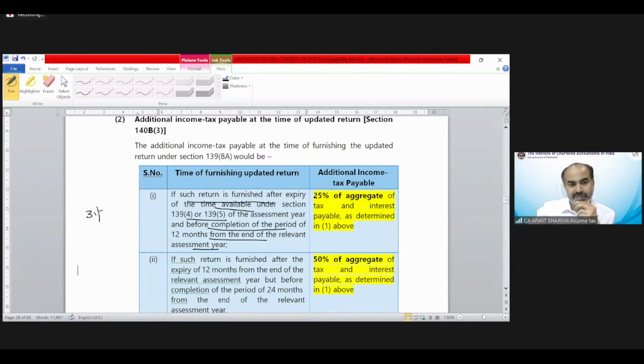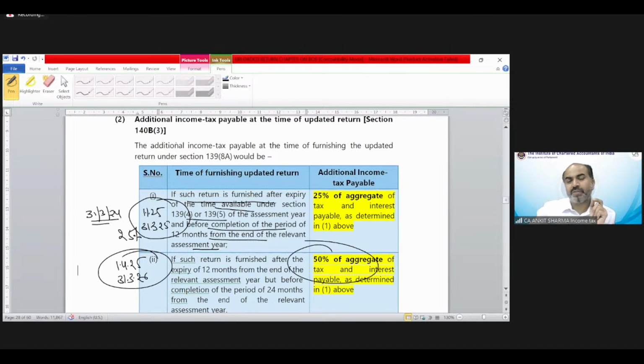So if the assessment year ends 31st March 24, and the return is filed from 1st January 25 till 31st March 25, the additional tax liability would be 25%. And if that updated return is filed from 1st April 25 till 31st March 26, then you have to pay 50% of the aggregate or additional tax liability.